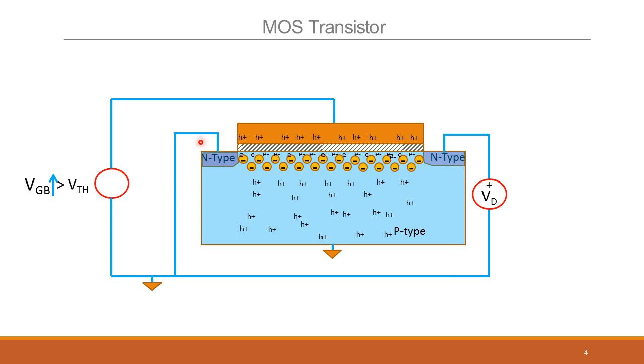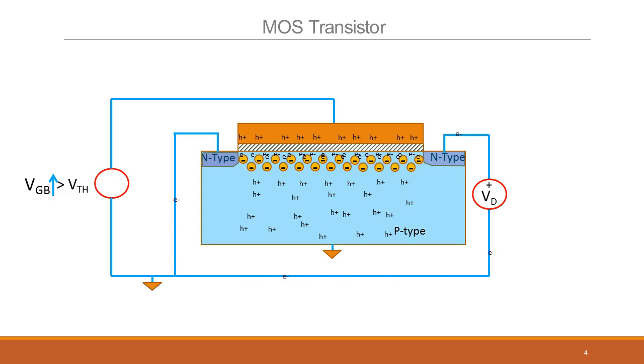Now what happens, on the other hand, if we increase VGB? We had set it in the previous example at a point above the threshold, but now let's say we increase it further. When we increase it further, the inversion layer charge increases. We've seen this before. The amount of free electrons here increases, so now there will be more electrons flowing for the same potential.